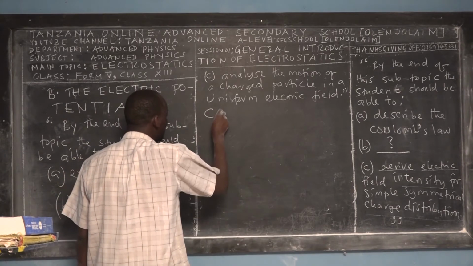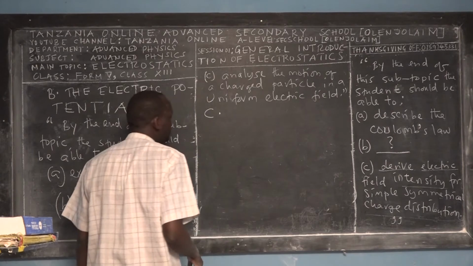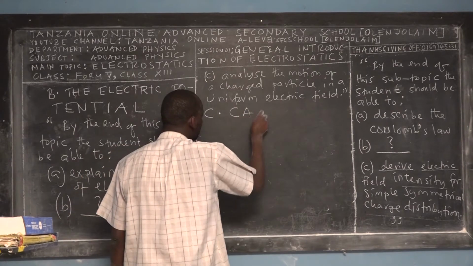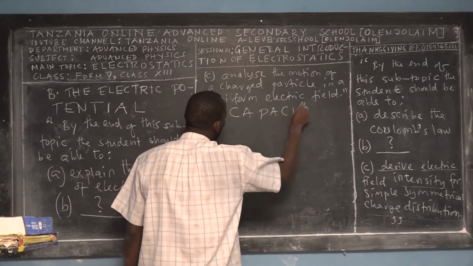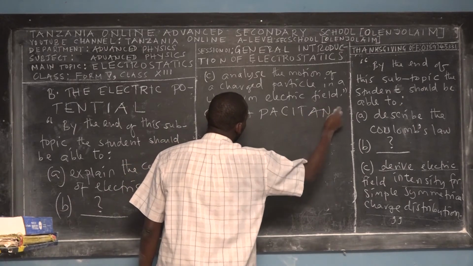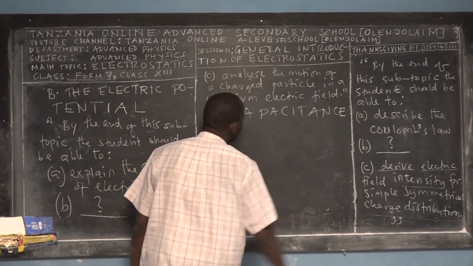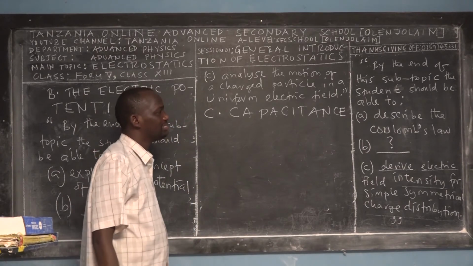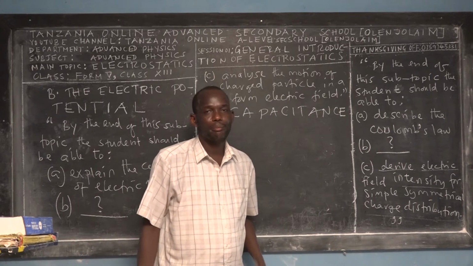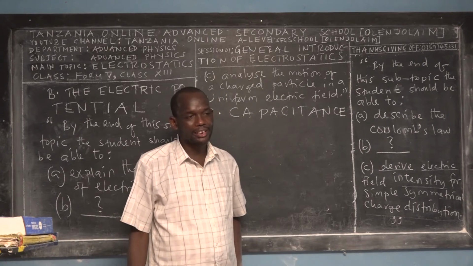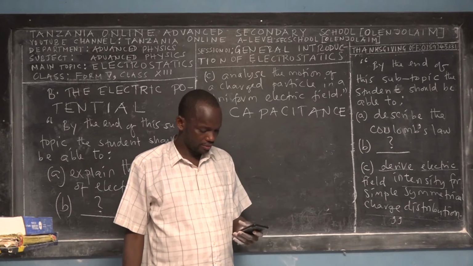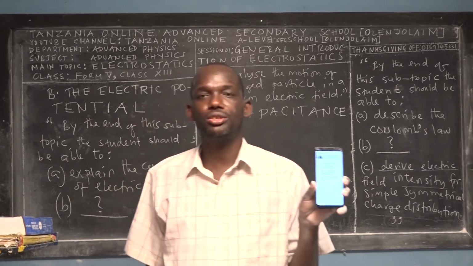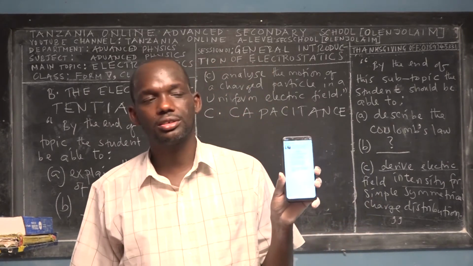Then let us go to the last topic, which is capacitance. Capacitance, very important. When we talk about capacitance, we are talking about capacitors. And many electrical devices contain many capacitors, right? For instance, this smartphone contains millions of tiny capacitors.